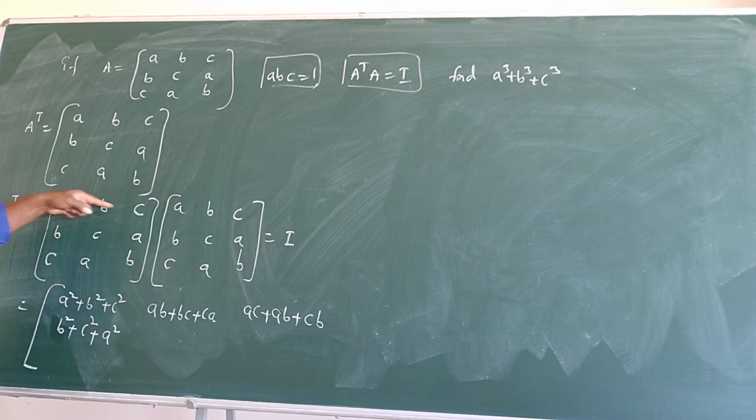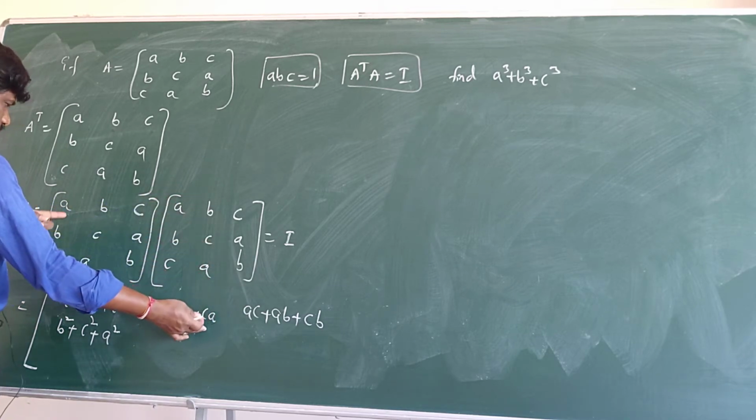A into A, B into B, C into C. I wrote wrong? Yeah, A into B, B into C. This I multiplied. Next, B into A. Row by column, okay, thus I did. I wrote this one.